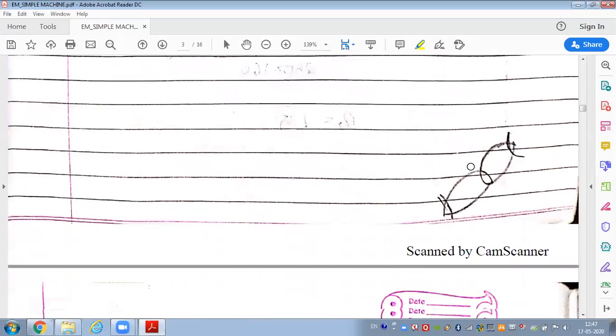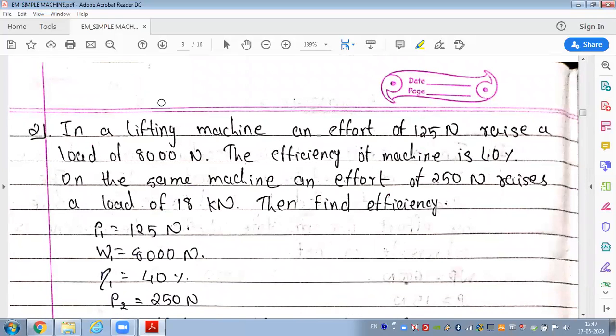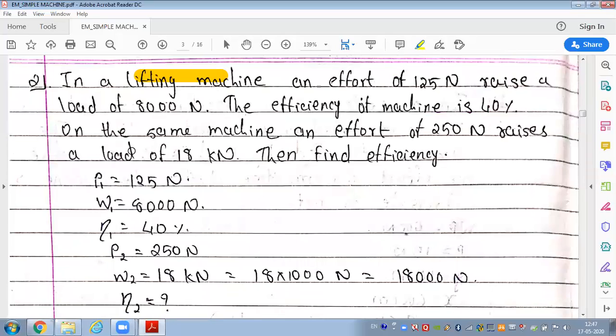Now let's try the next example, example number 2. In a lifting machine, the effort P1 is 125 Newton and it raises a load W1 of 8000 Newton. The efficiency of the machine, eta 1, is 40%.